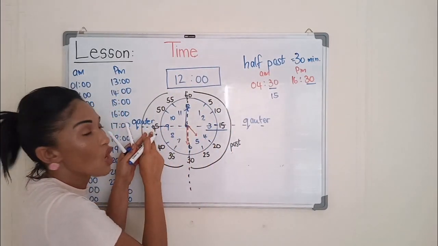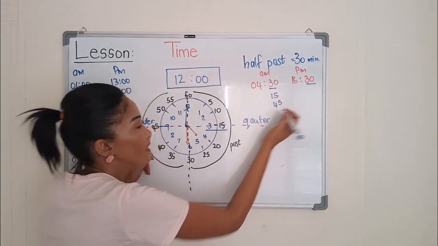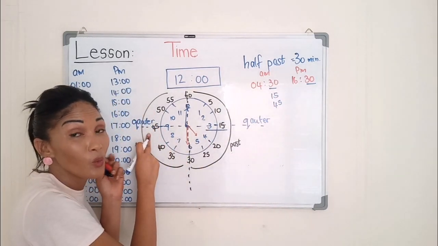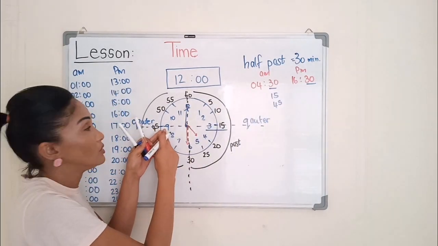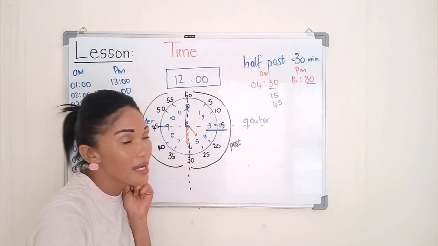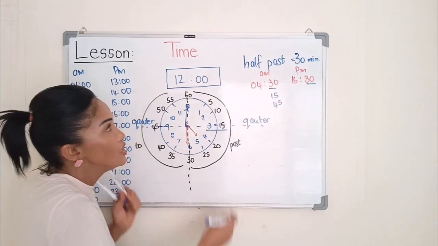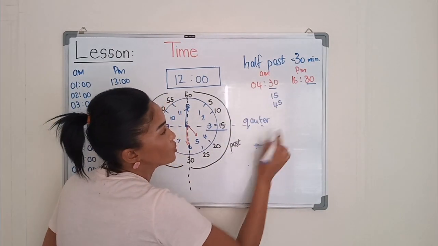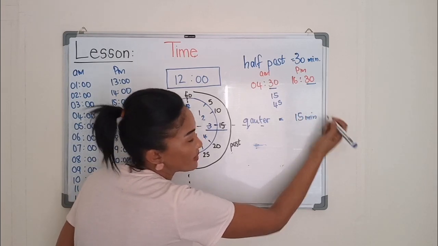If it is on the 9, we won't say it's 45. We will write 45, but we will count 5, 10, 15. 15 minutes to the hour. Right, so quarter past and quarter to is equal to 15 minutes.